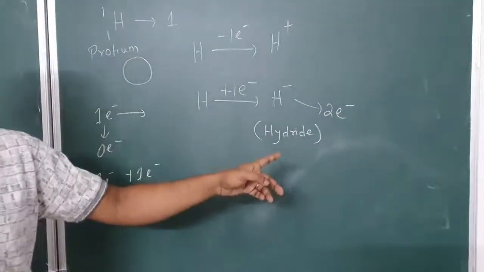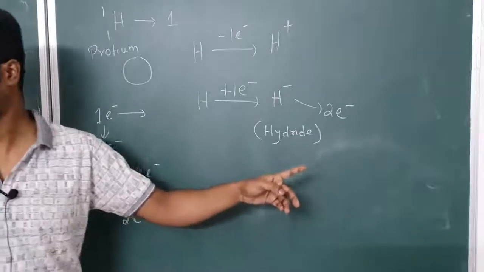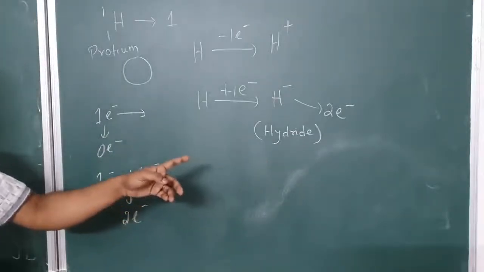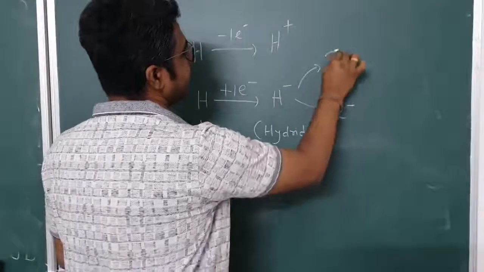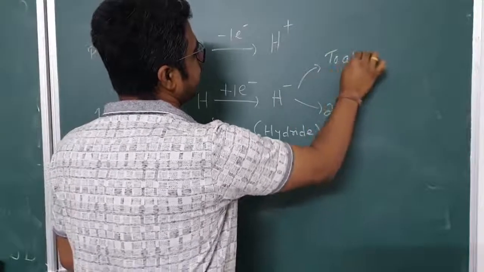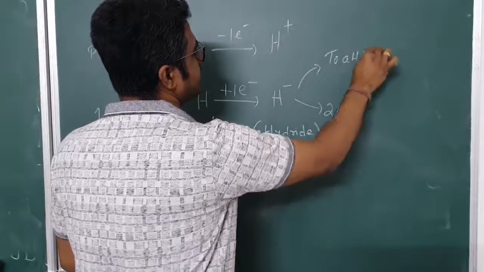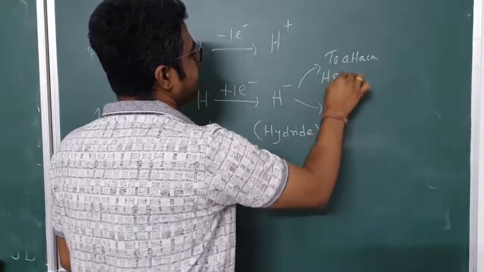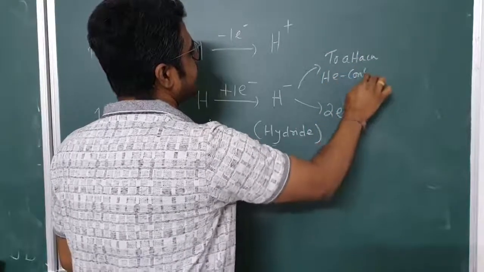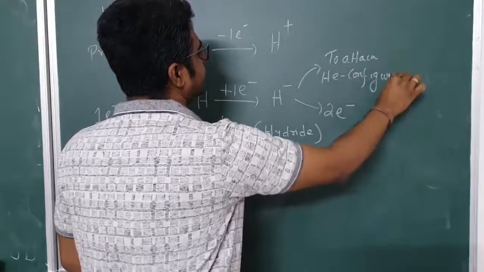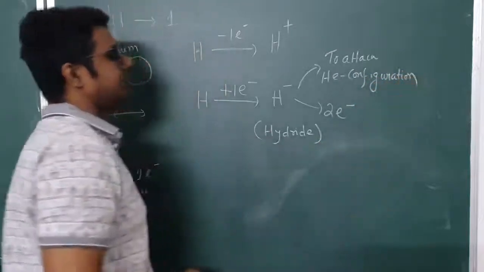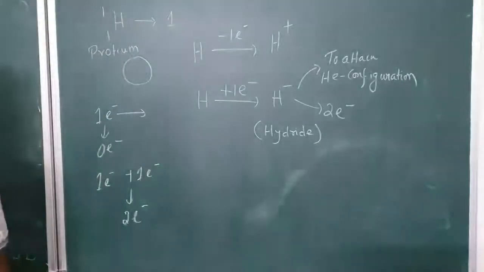So this is duplet configuration, right? Duplet configuration, or we can say this is to attain helium configuration, because helium also has 2 electrons.